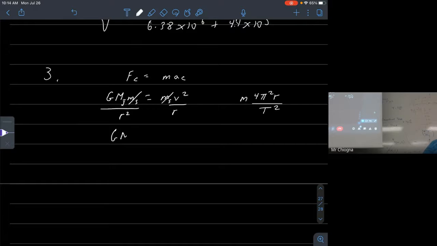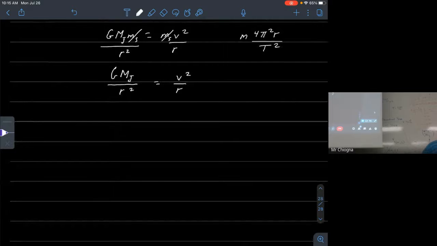You just need the mass of Jupiter. One of the radii cancels out, so you get G times M, the mass of Jupiter, over R, equal to v squared. I'm going to take the square root. That's your final equation.